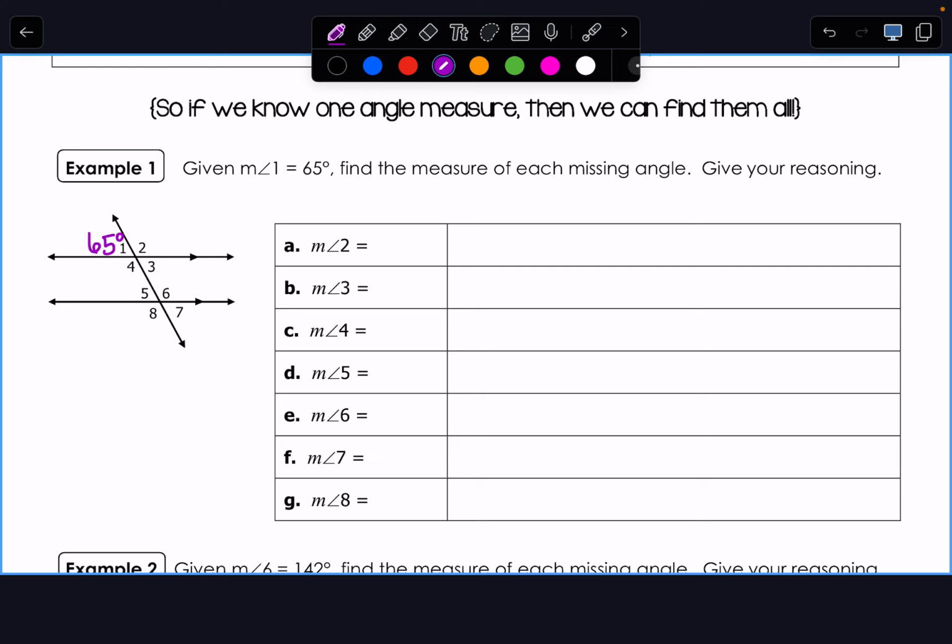So I want you to tell me, what is the relationship between angle 1 and angle 5? Those are corresponding angles. We have parallel lines. So if 1 and 5 are corresponding, then I know the measure of angle 5 is also 65 because we have corresponding angles with angle 1.